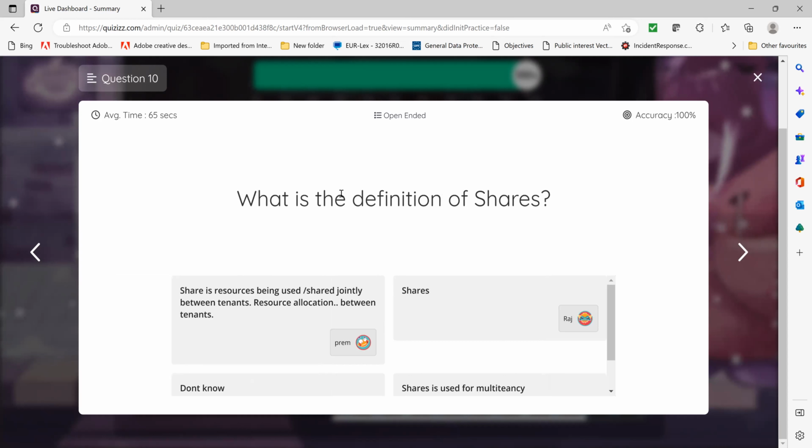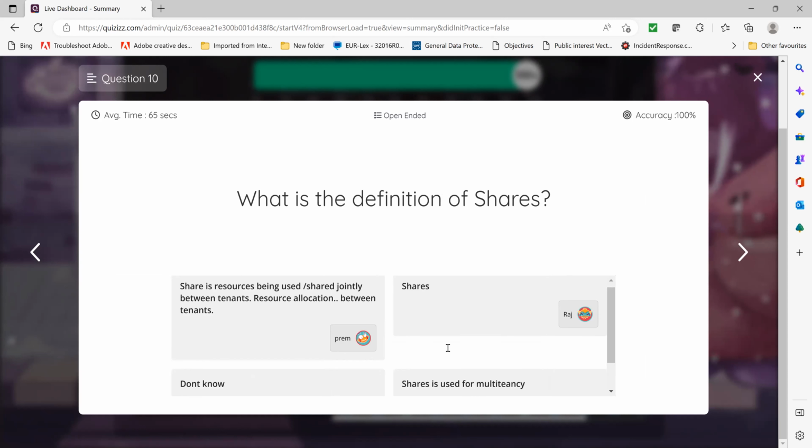What is the definition of shares? Share is a resource being used jointly. Share is utilized for multi-tenancy. Okay, as we mentioned, share is some sort of priority or prioritization.